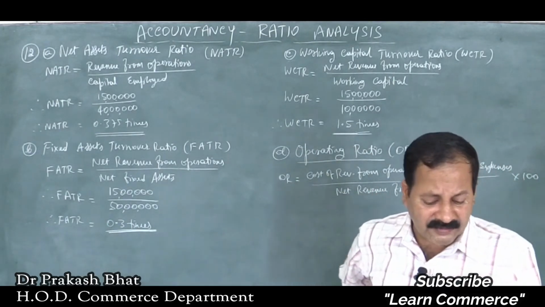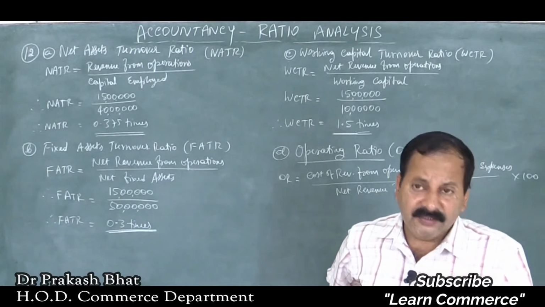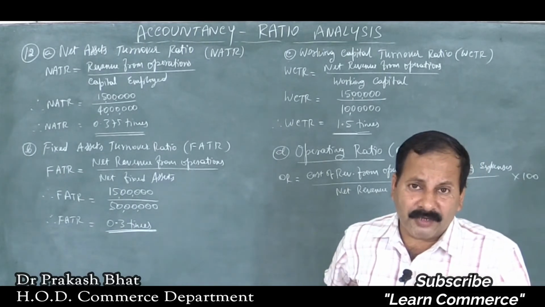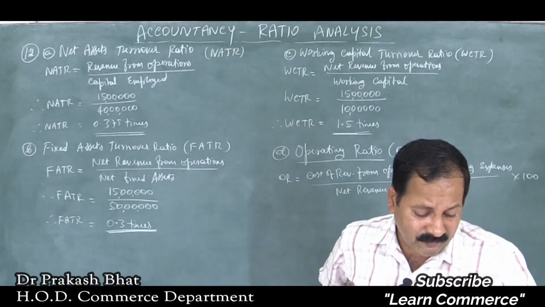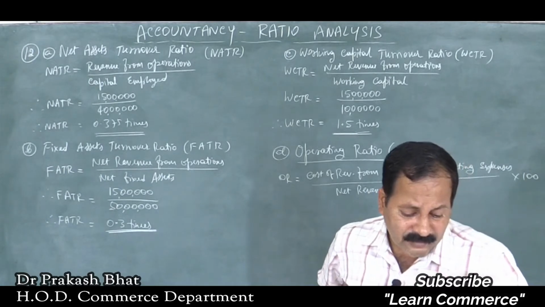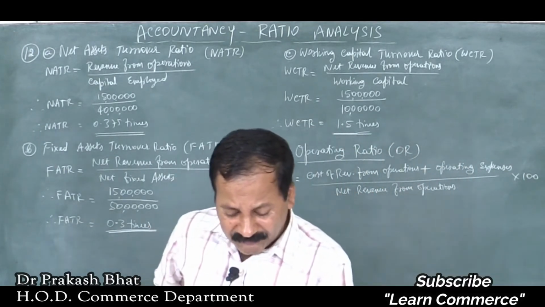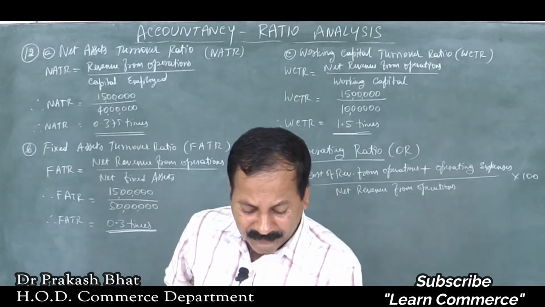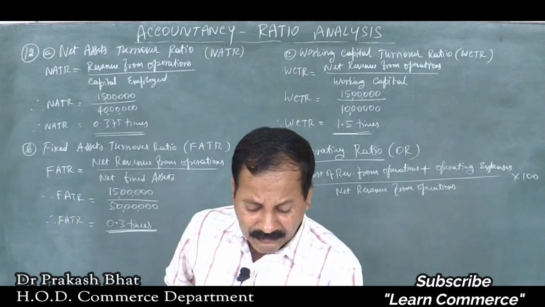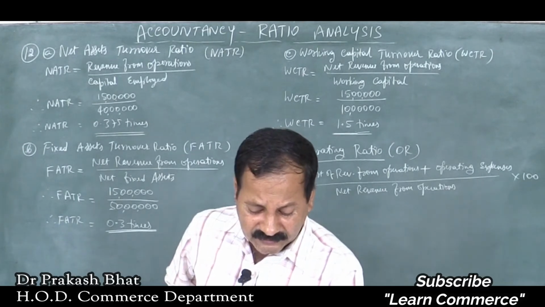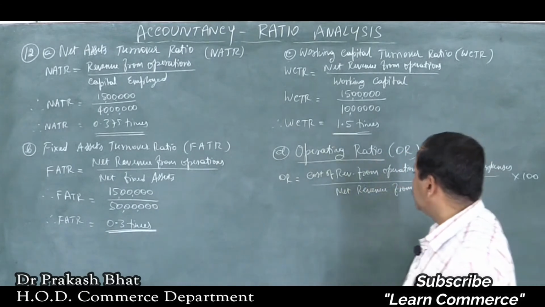When we add, it will become the total expenses including operating expenses, right? So here we have to take 5 lakh, that is 3 lakh profit after interest and tax plus 2 lakh expenses. If we add together, we get total operating expenses of 5 lakh.